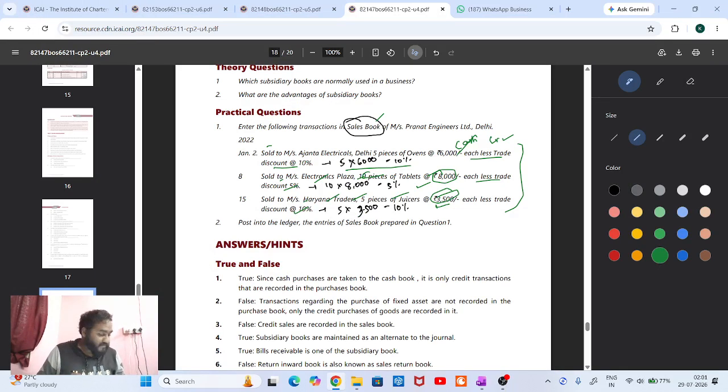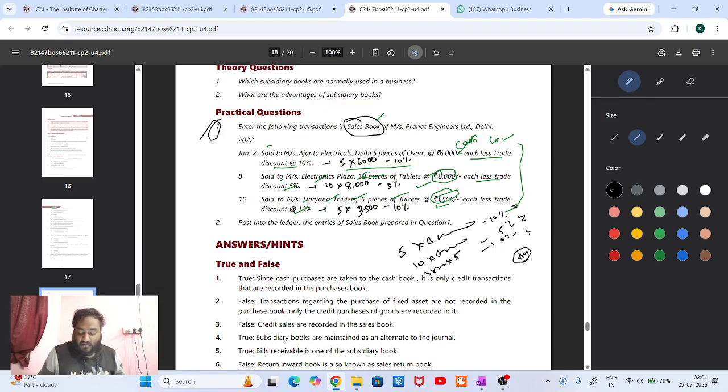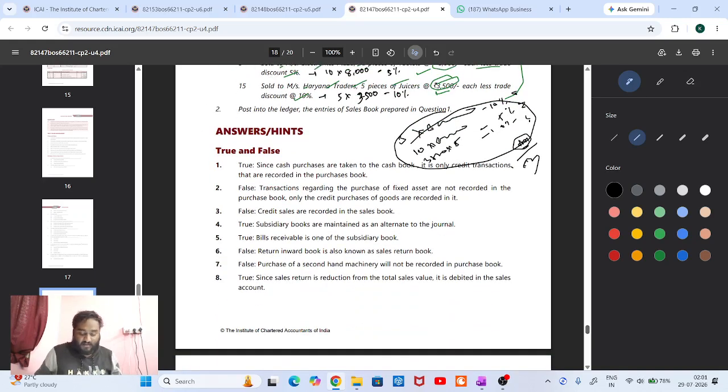Just before the exam, whenever you go through this question, just go: 5 into 6,000, 10 into 8,000, 3,500 into 5, minus 10%, minus 5%, minus 10%. Whatever is the answer, use the M plus. I will teach you how to use the calculator, and then the balance comes. This is how you can save a lot of time.